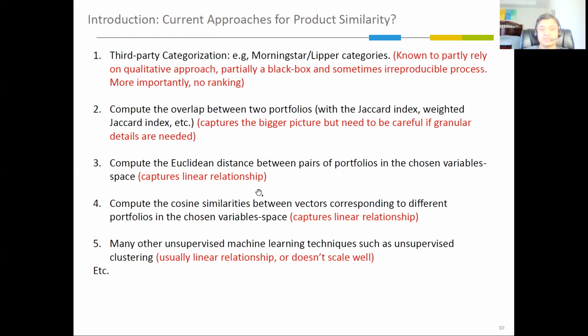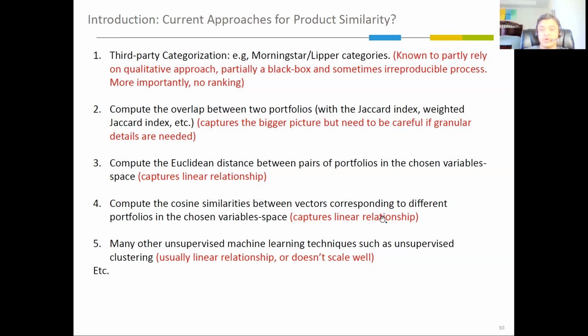The third option is compute Euclidean distance between each pair of mutual funds in your universe. However, these Euclidean distances don't capture non-linear relationship. Okay? They just capture linear relationship. The same thing happens when you compute cosine similarities, which is just another form of Euclidean distance in some sense.